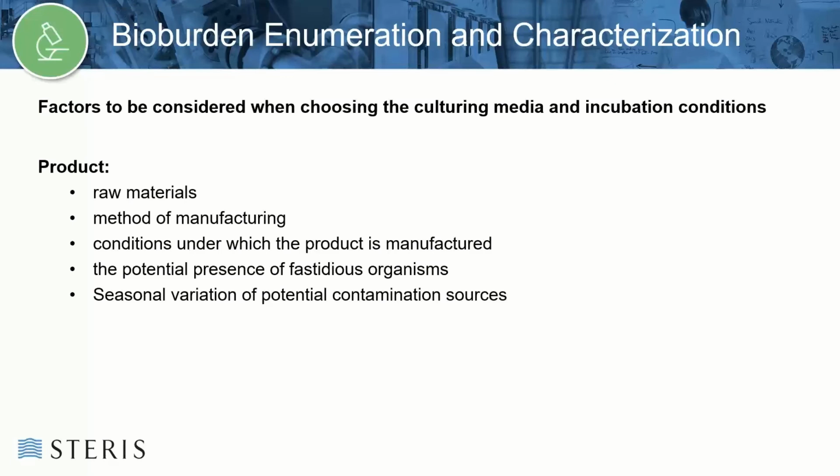Other factors are the method of manufacturing and conditions under which the product is manufactured, the potential presence of fastidious organisms, and seasonal variation of potential contamination sources. An example would be if a product contains a natural material such as honey, which sees contamination vary across the seasons.